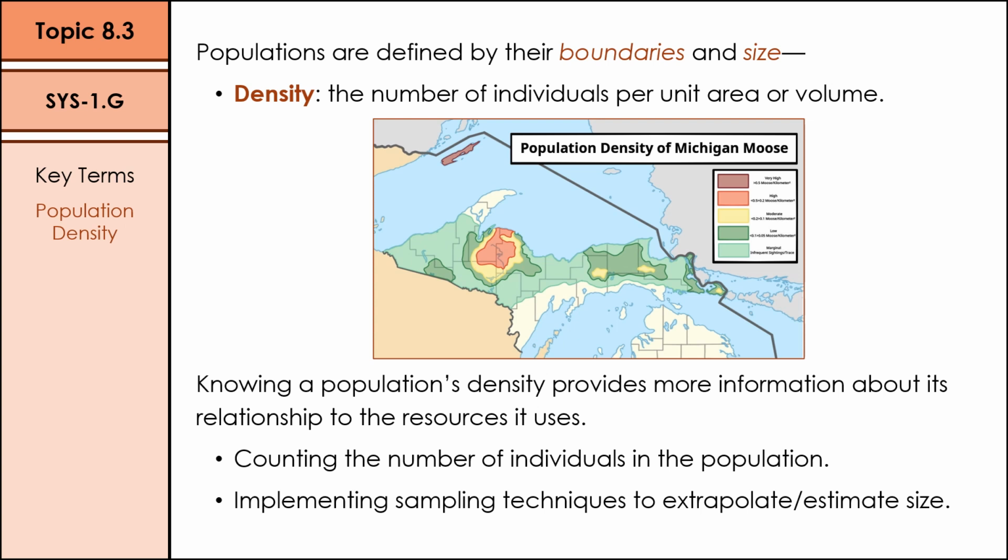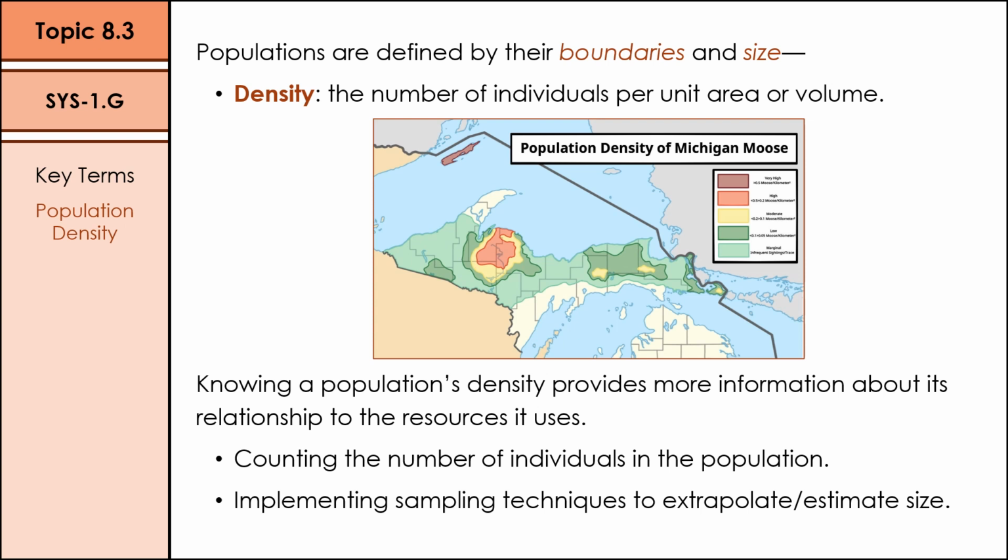Because when we know the density of a population, how many individuals live in a particular area, it helps us to identify how its resources are going to be used. If we have a large number of individuals in a small area, so we have a high density, those individuals are going to be more likely to use up the resources in that area in a much faster period of time.